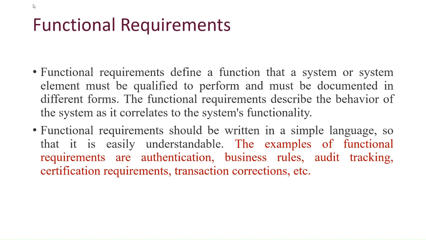Functional requirements should be written in very simple language, so that everyone can understand them by seeing the documentation only. Examples are authentication, business rules, tracking, certification requirements, transaction corrections, etc. All these come under functional requirements only.